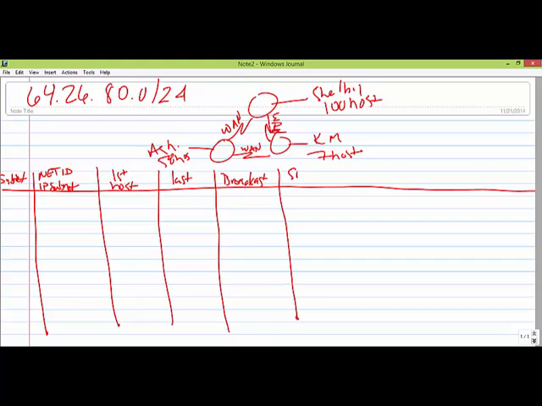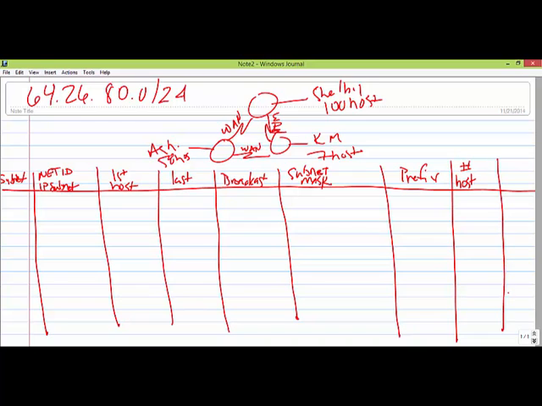I'm going to have my subnet mask, my prefix, my number of usable hosts and my possible subnets.